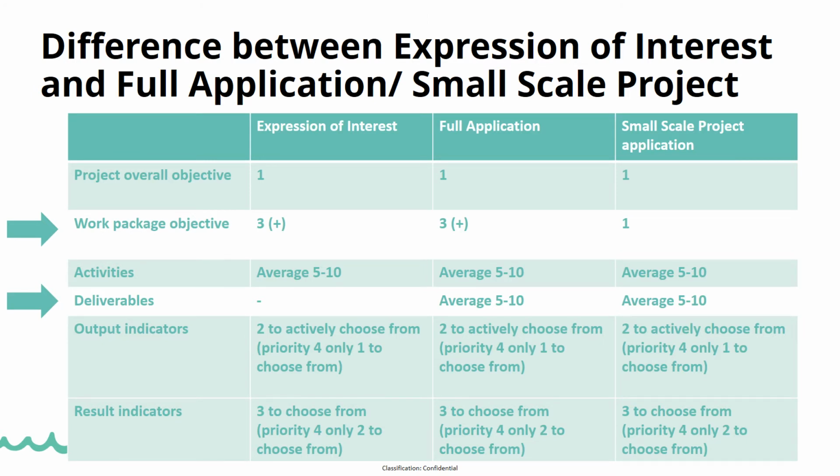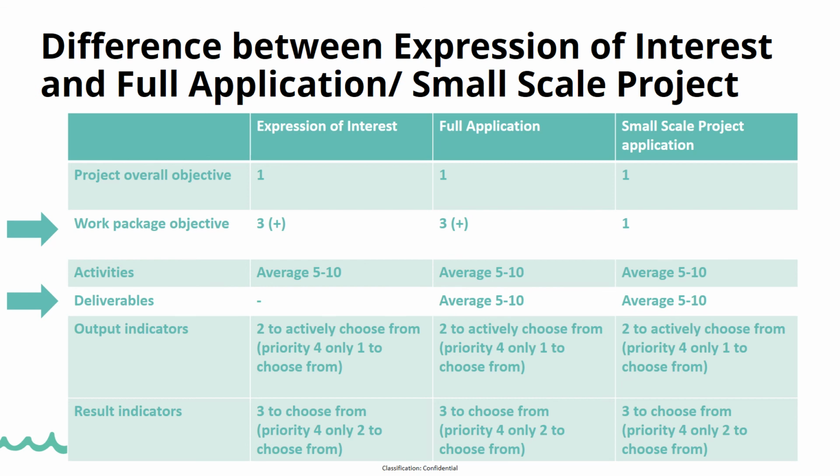This overview highlights the differences of indicators in the different application forms we are operating with in the NOSI program. Expressions of interest, full applications, and small-scale project applications. The main differences are highlighted in white. The difference on the work package objective lies in their number.